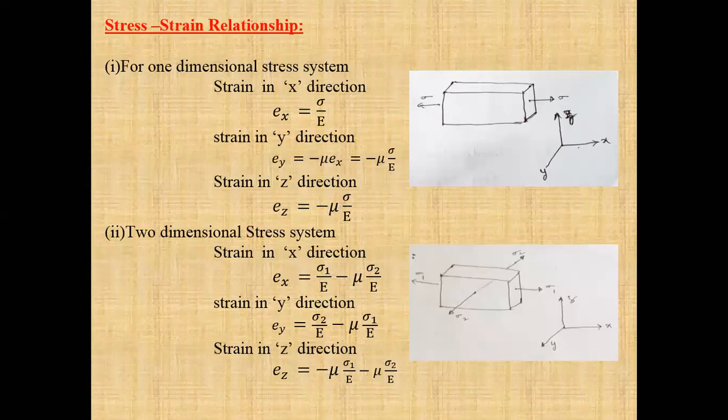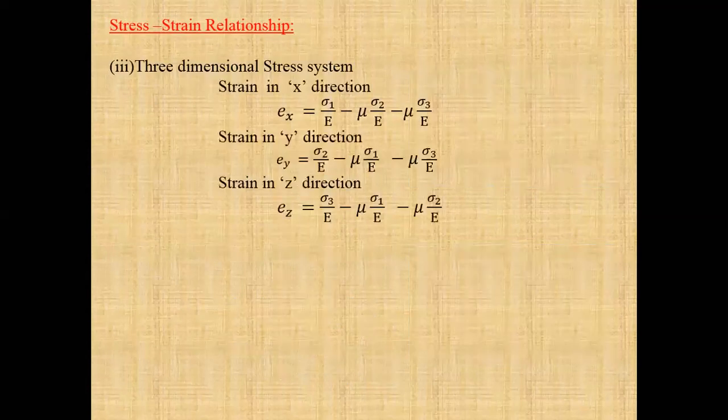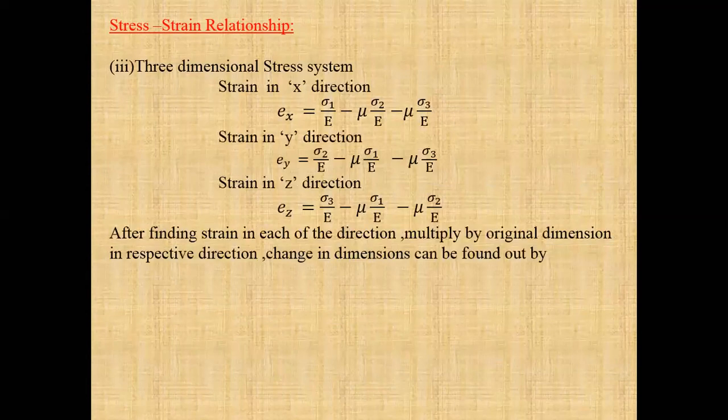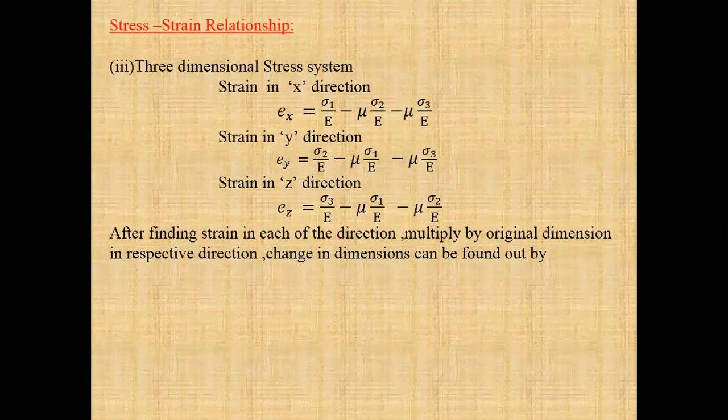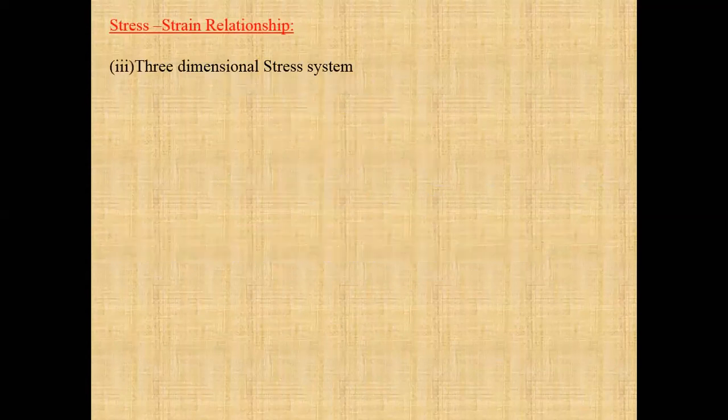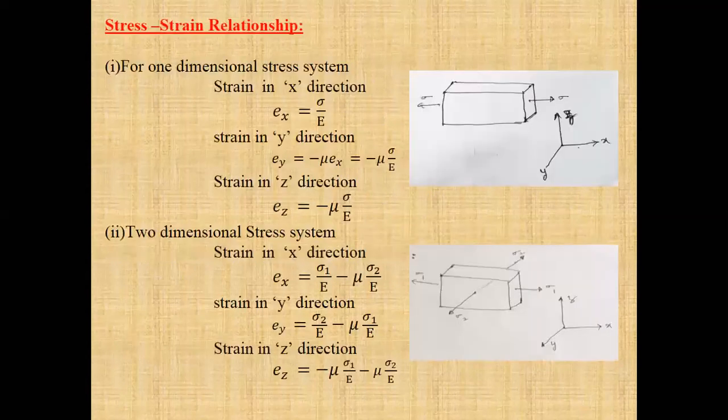So we are going further. I'll go in a quick manner. The figure I have not drawn here, but I think from that you can easily get it. Just look at the figure. Sigma 1 in this direction, sigma 2 in this direction.